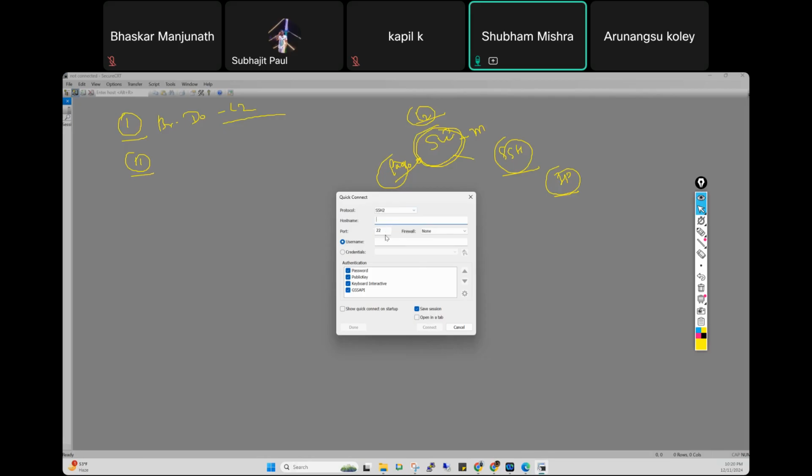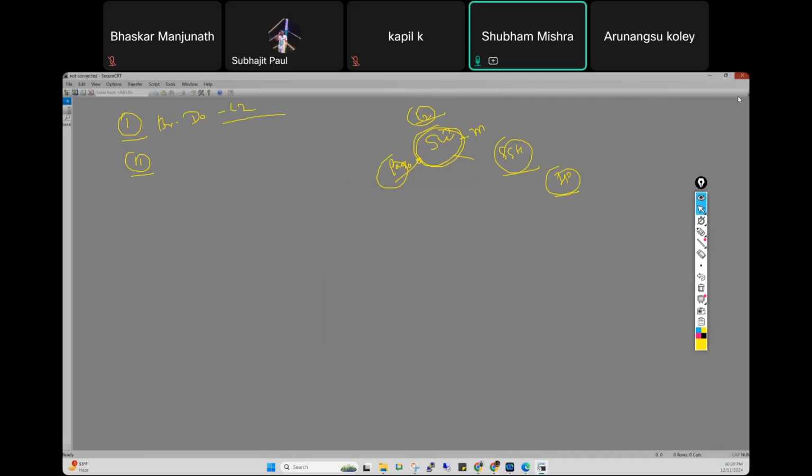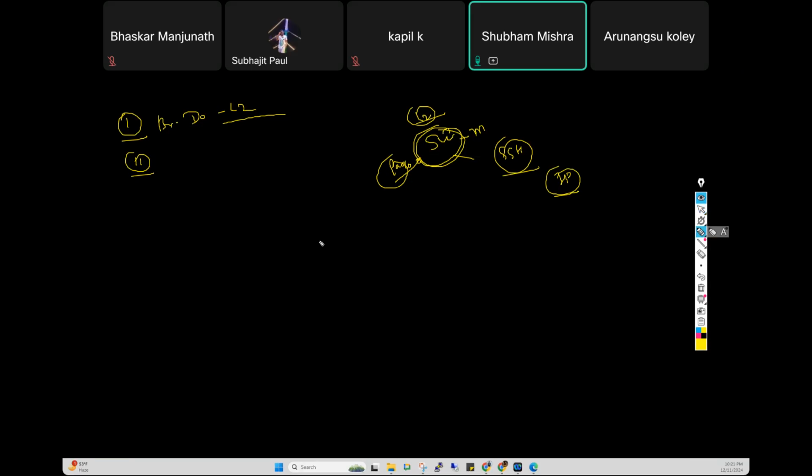What I'm telling is, when you put the IP address here and click on connect, immediately you can take the SSH of your device. But again, which IP address do you need to put there? Management IP. Now again, the same question: how do we configure the management IP?